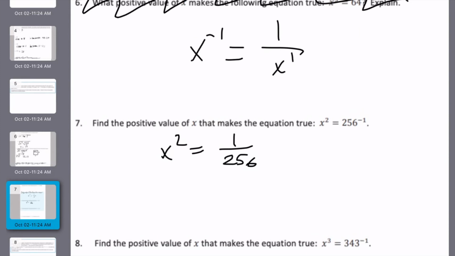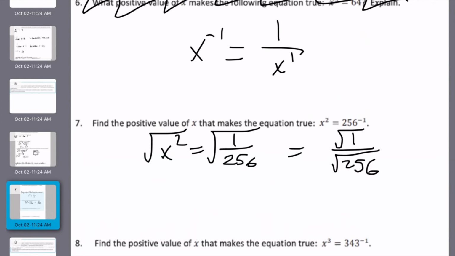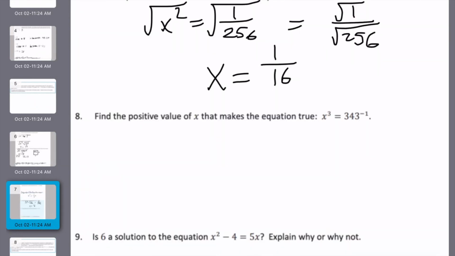Now again, I need to square root in order to just get x. So I square root both sides. When I square root a fraction, it's the same thing as square rooting the numerator and square rooting the denominator. So I'm going to have x equals, well, the square root of 1 is 1, and the square root of 256, let me just double check so I don't tell you the wrong thing, is 16. So this equals 1/16.